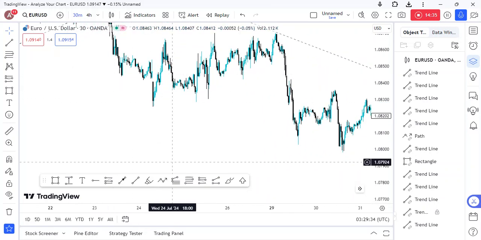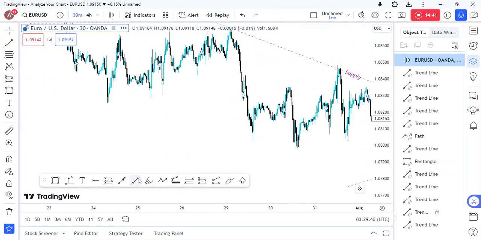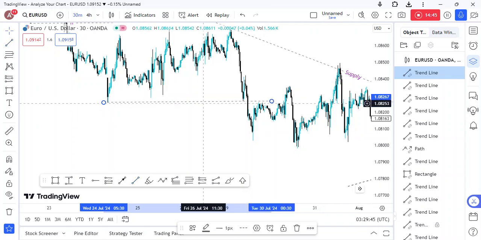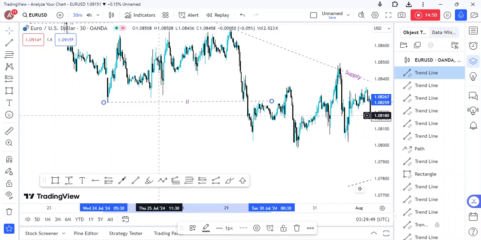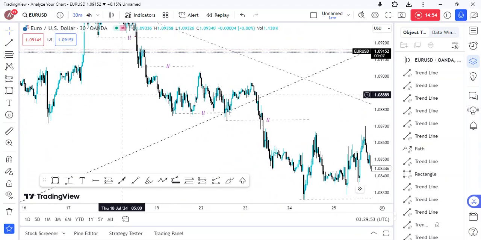Price broke through this. It's a lower low, just as in a bullish market. So you see, it's the same concept. This is a real-life market, and the market is down.